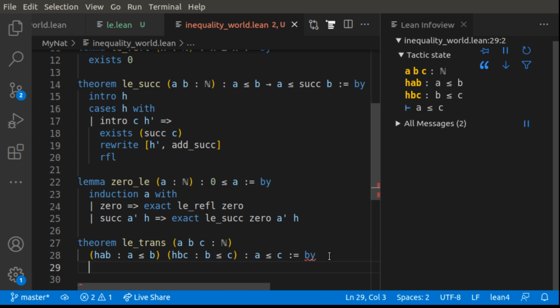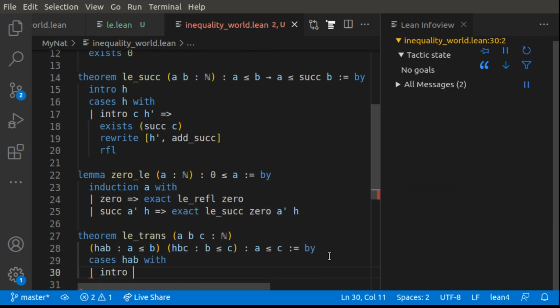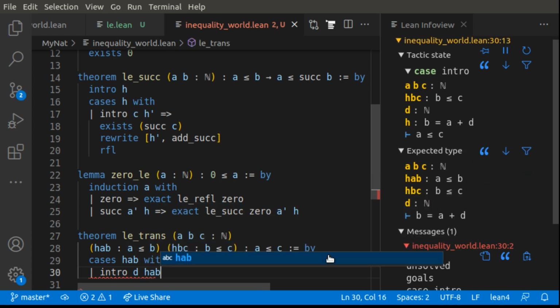Okay, so we have A less than or equal to B, B less than or equal to C. Okay, let's think. Okay, so we want to cases HAB with intro, I don't know, D HAB prime.